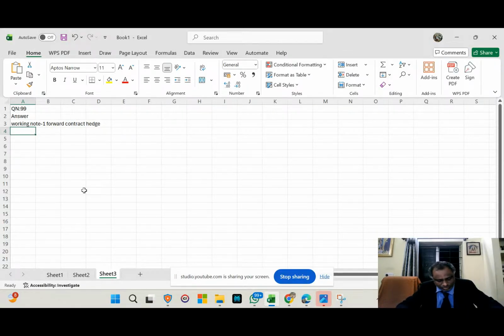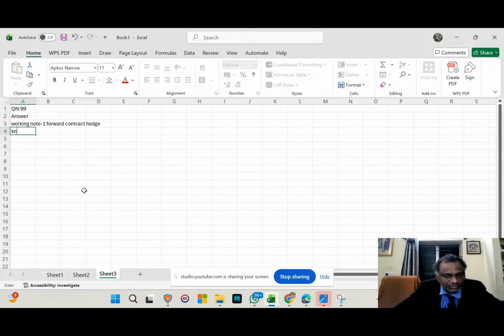Here, the known currency is euro, 250,000.